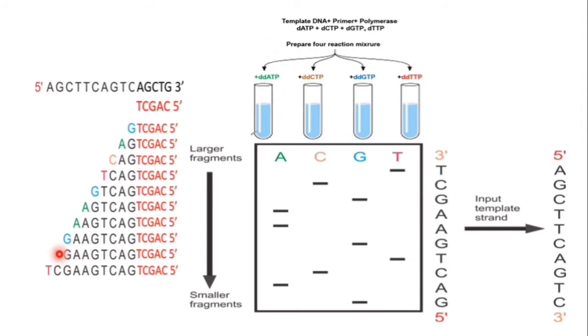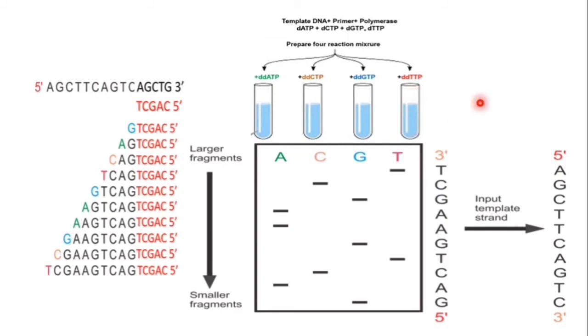So we will get DNA fragments with varying length in different tubes. I told you that in this tube, ddATP will terminate the chain. Here ddCTP will terminate the chain, here ddGTP will terminate the chain, and ddTTP will terminate the chain.